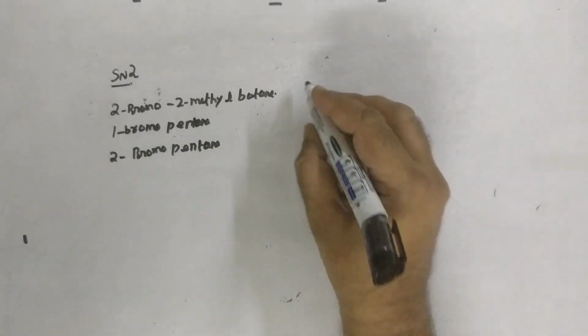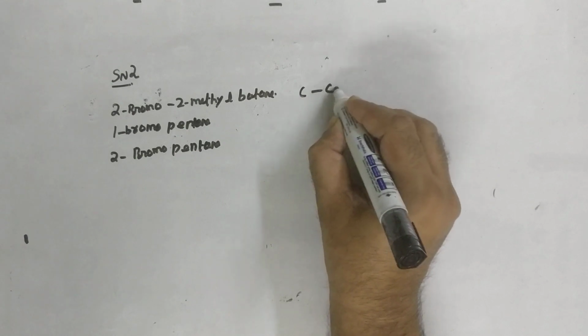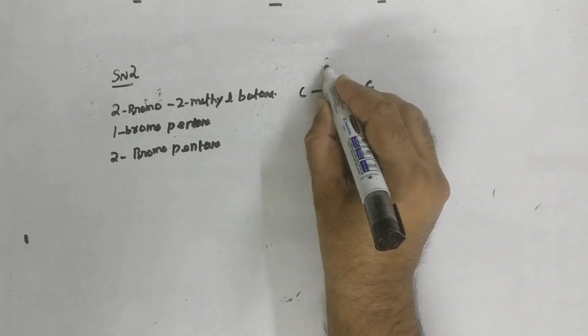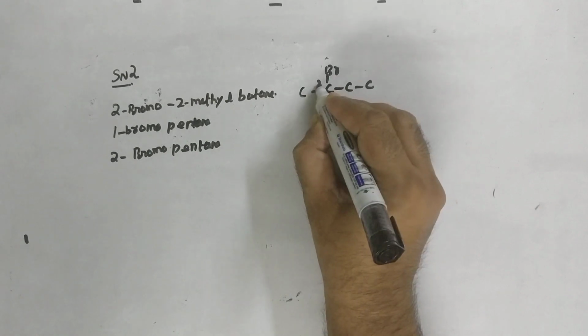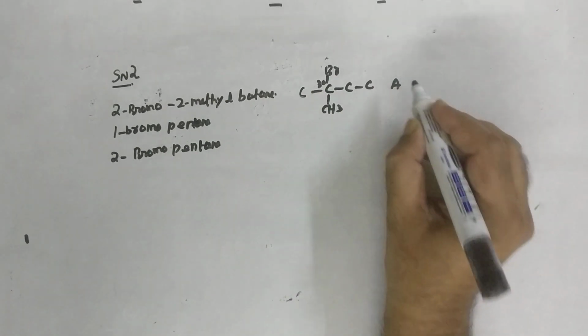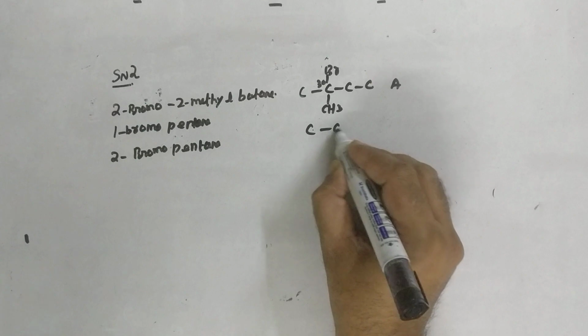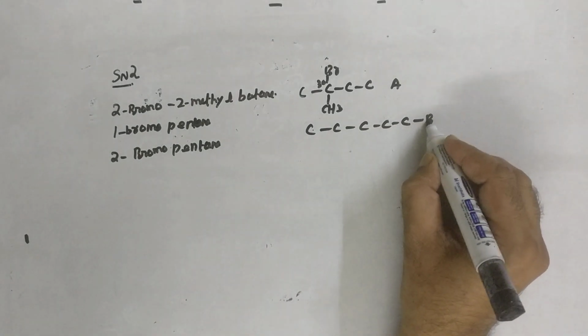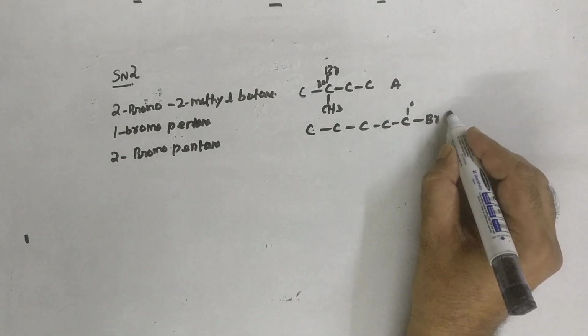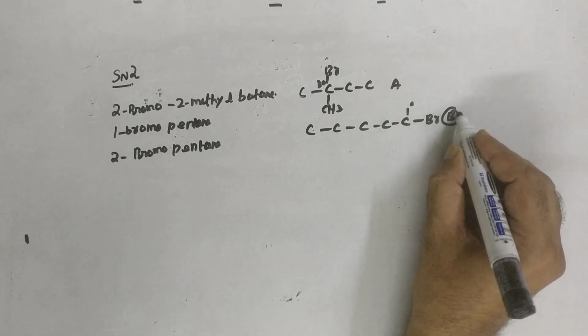Let's draw the structure. This is 4 carbon. Second position Br, and the methyl group. This is your tertiary variety. Let it be A for apple. 1-bromopentane, 5 carbon: 1, 2, 3, 4, 5, Br. First degree. Let's say B for boy.